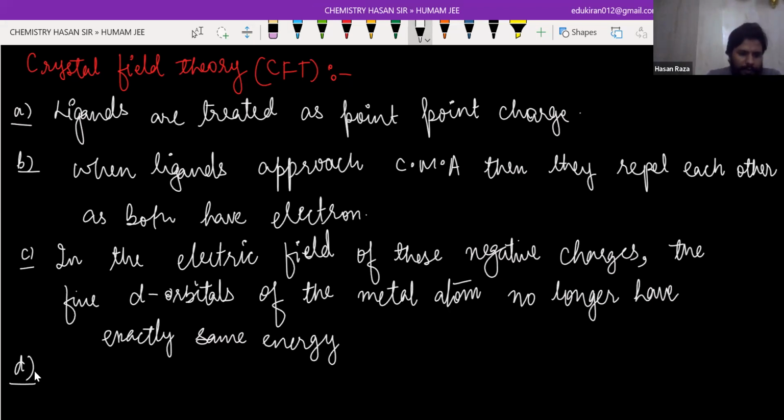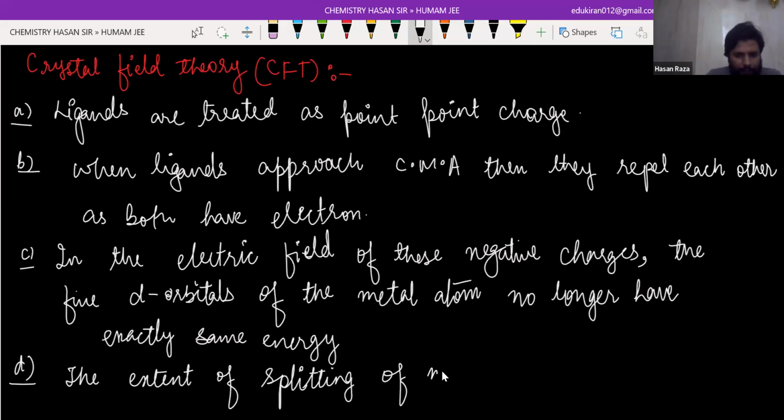And the fourth part is the extent of splitting of the metal d orbitals.